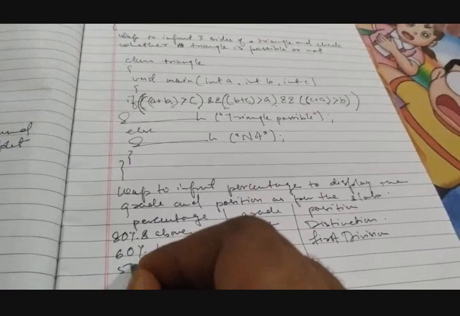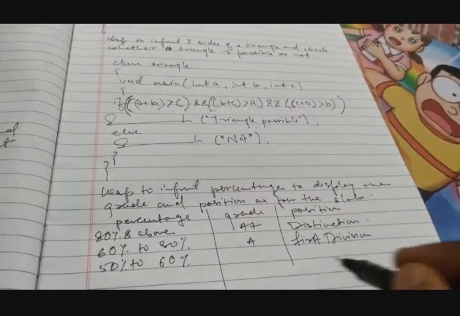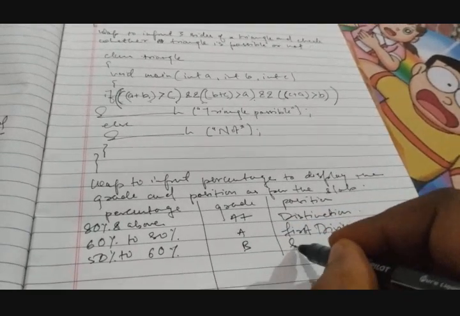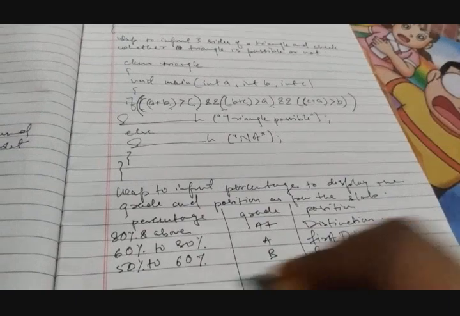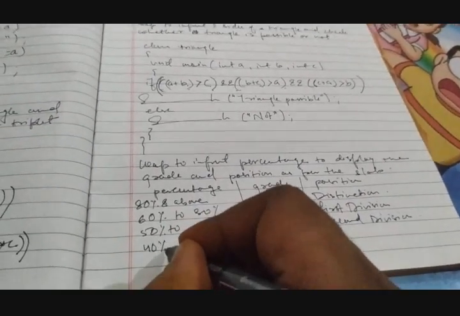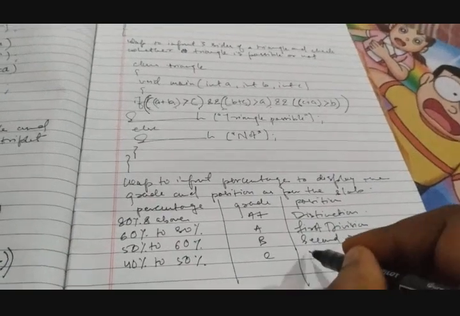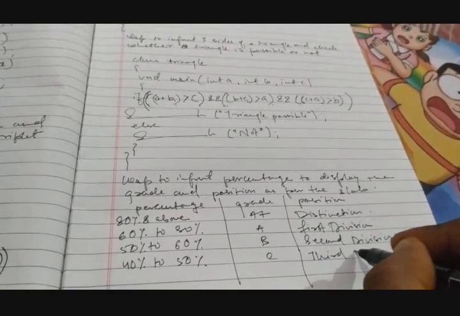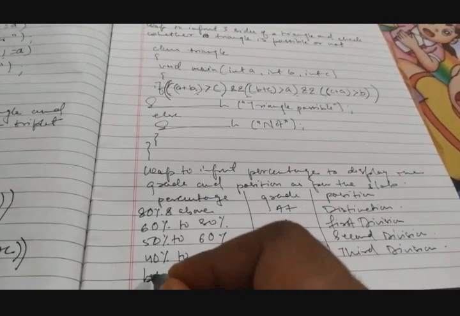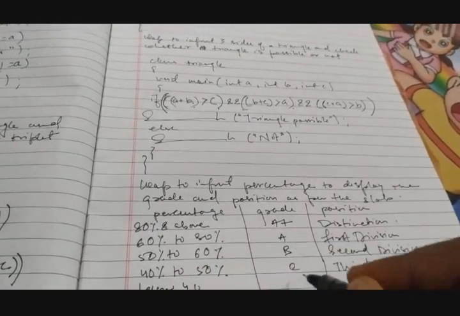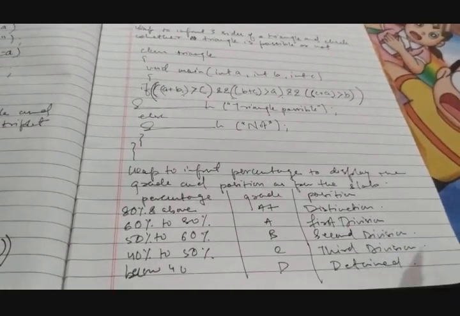Then 50 to 60%, then we call it second division. 40% to 50%, C, we call it third division. And below 40, that's a D, we call it detained. Alright.